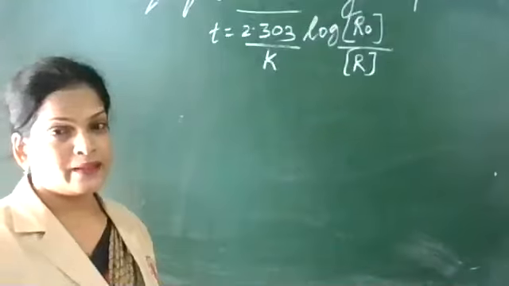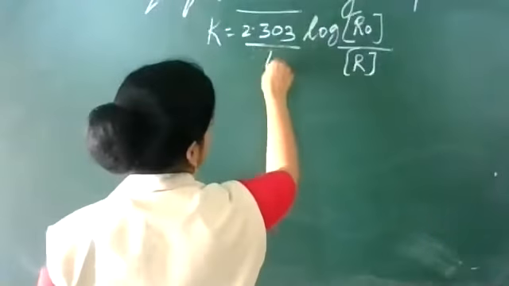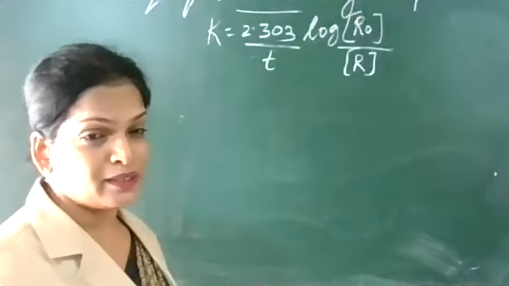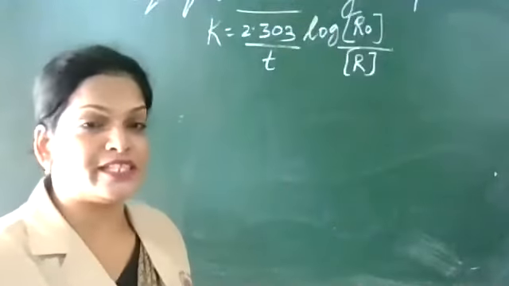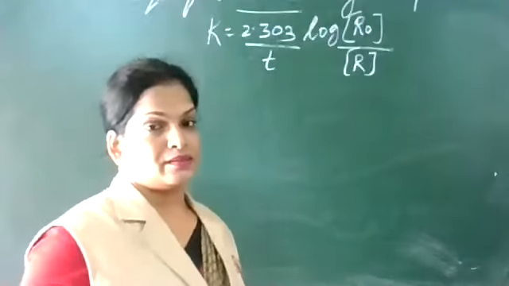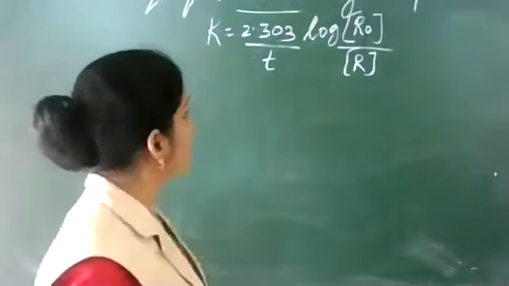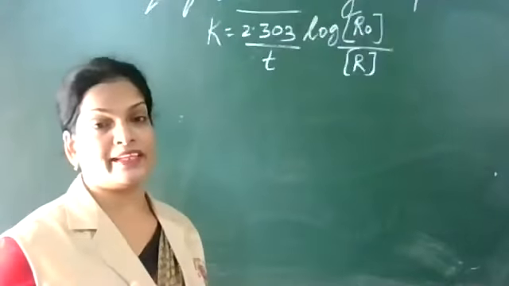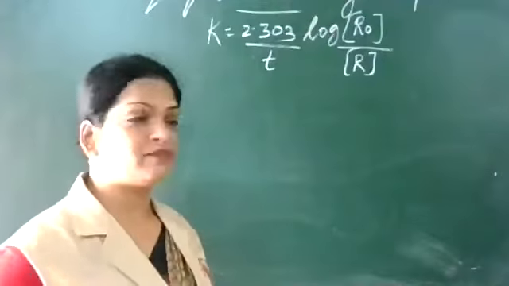You can write K here, then t here. Till this time we were talking about t, because we had to come to t half. Now I am doing with K, because here we are mainly calculating K. Once you get K, you can write the rate of the reaction.